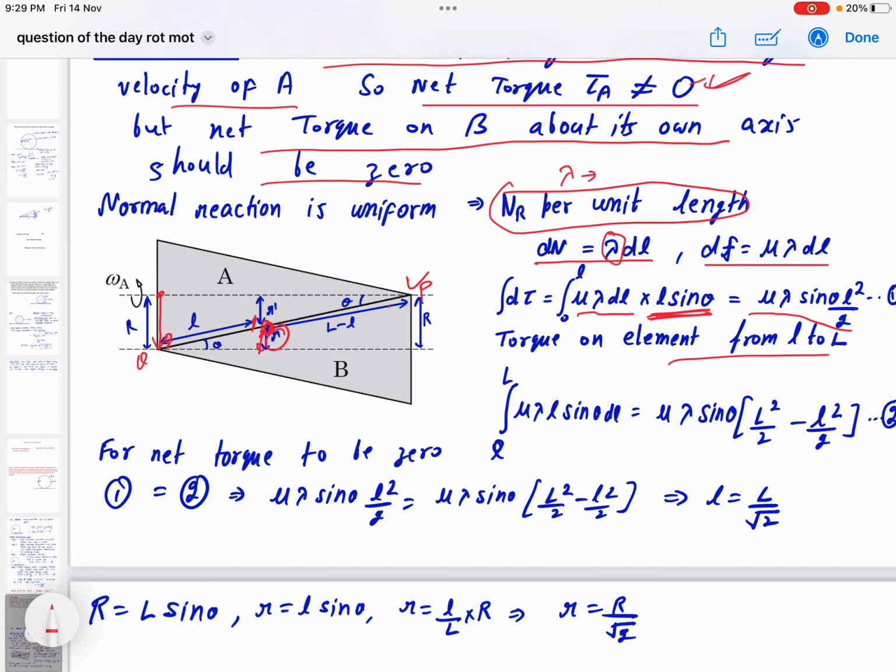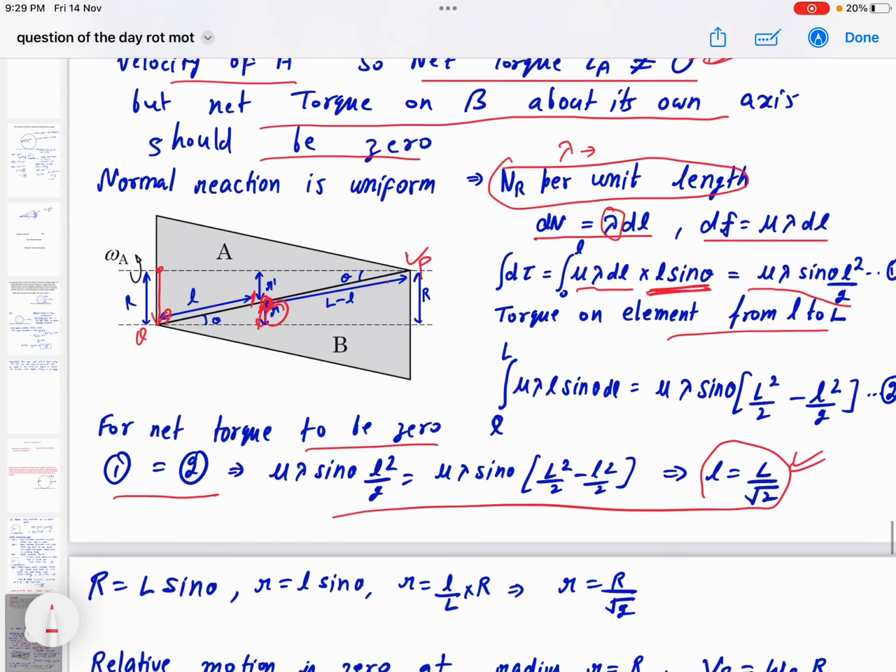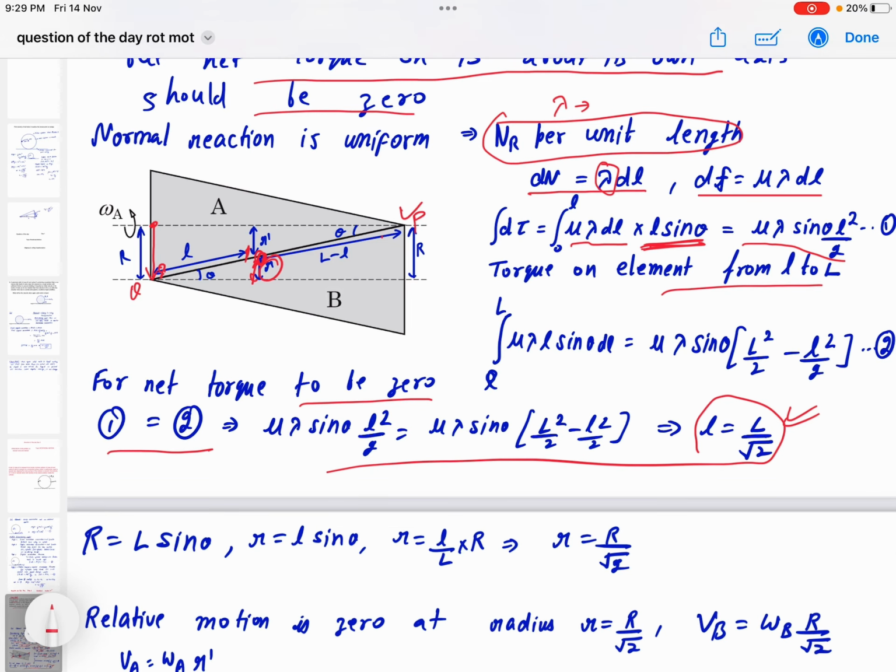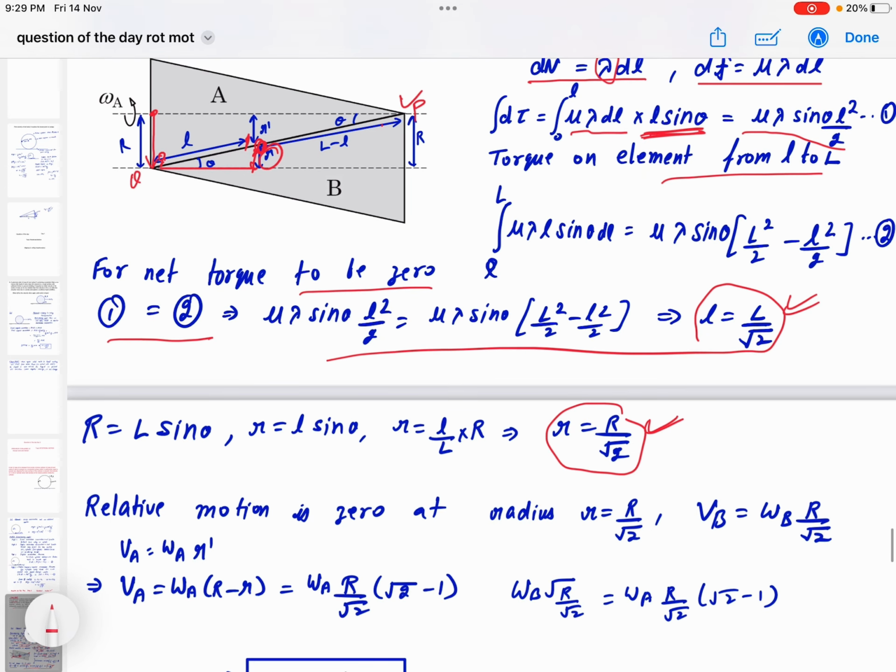Now for net torque to be 0, equating 1 and 2, I get small l equals capital L by root 2. In terms of radius, I can write small r equals R by root 2. So in cone B, small r equals R by root 2, and the relative motion is 0 at radius R by root 2.